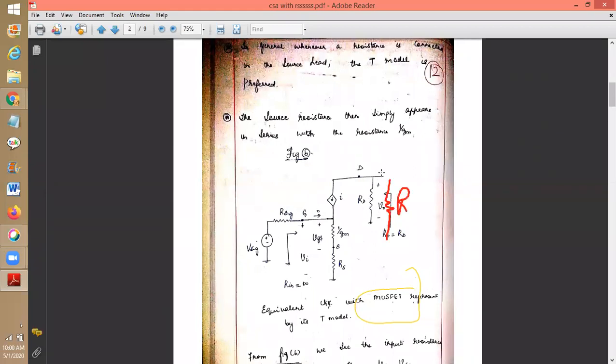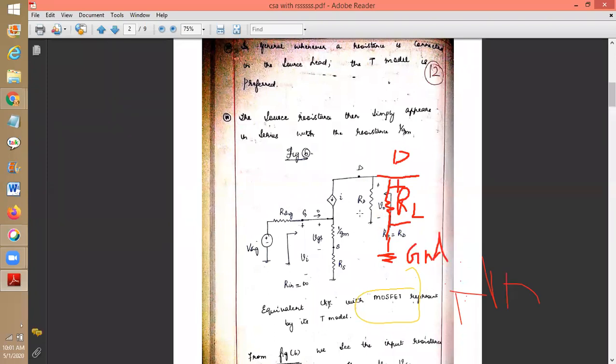See, if I say to find the voltage gain AV, you have to include the resistance RL. So where to include the resistance RL? Between drain and ground. So can I say RD is in parallel with RL, Nidhi?